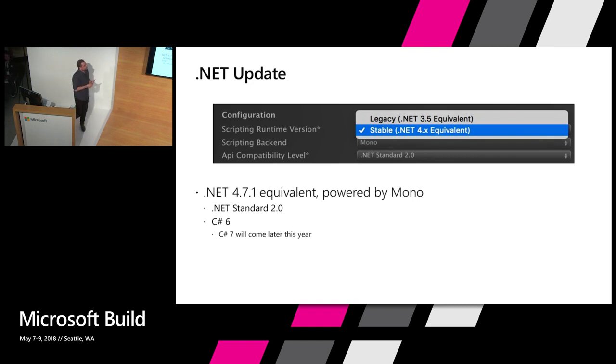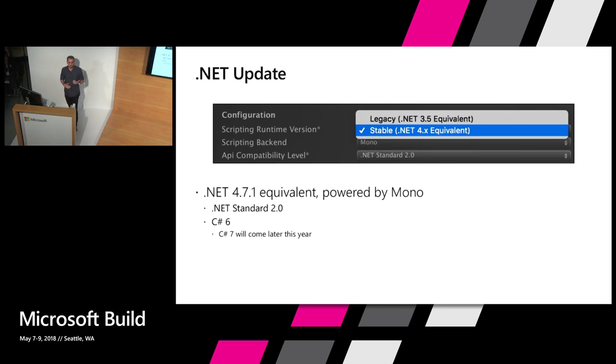So yeah, I was saying, with Unity 18.1, you can finally use the modern .NET ecosystem. You have the full .NET 4.7 APIs that you can target, the entire desktop API, and if you want to share code between modern .NET implementations like .NET Core or Xamarin, you can use the .NET Standard subset of APIs to share code and libraries between Unity and other .NET implementations.